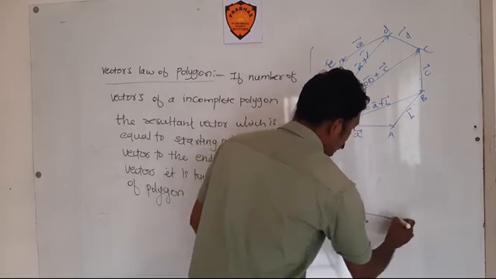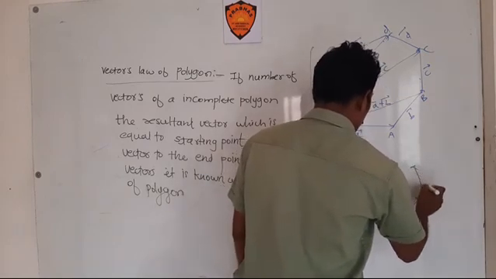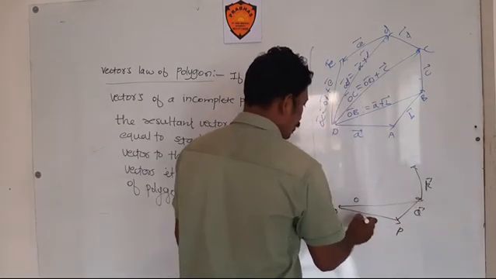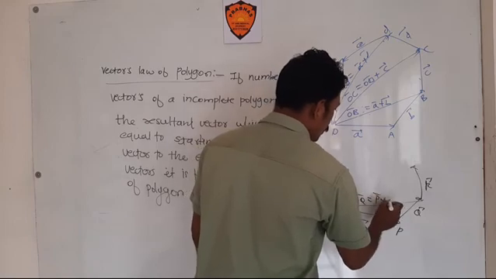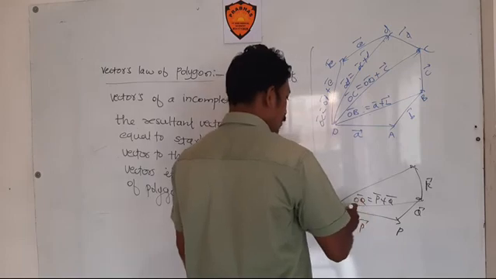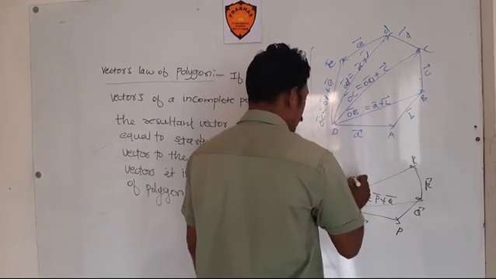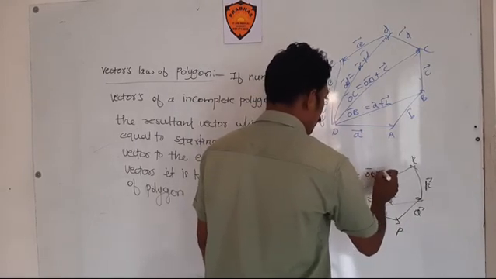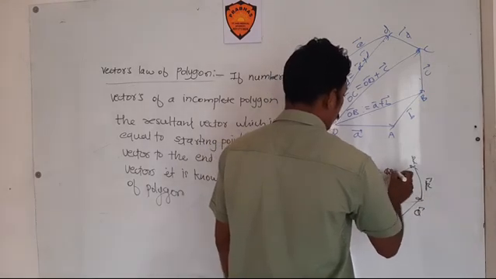This is P bar, this is the Q bar, this is the R bar, right? The resultant OQ bar is equal to what? P bar plus Q bar. Again, this resultant OR bar is equal to OQ bar plus QR bar, right?